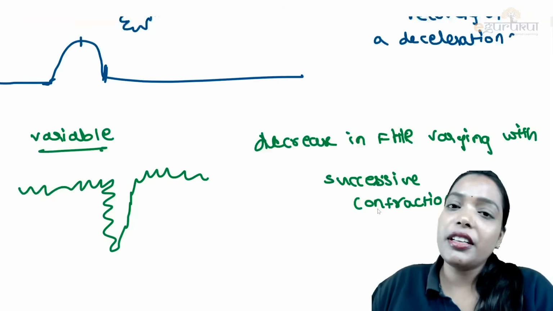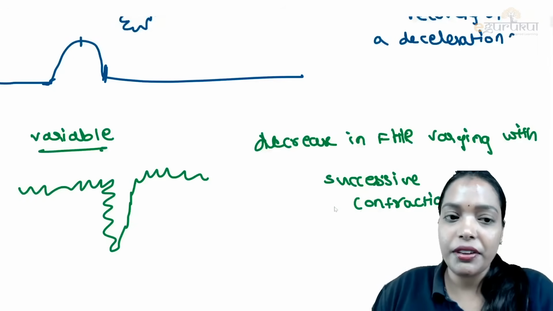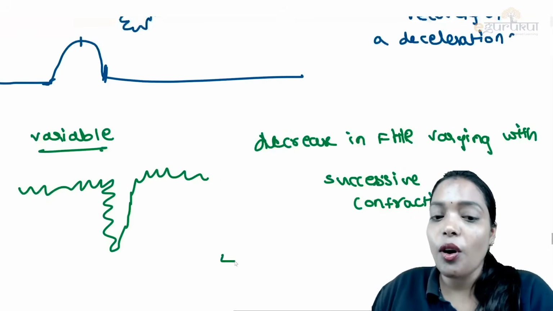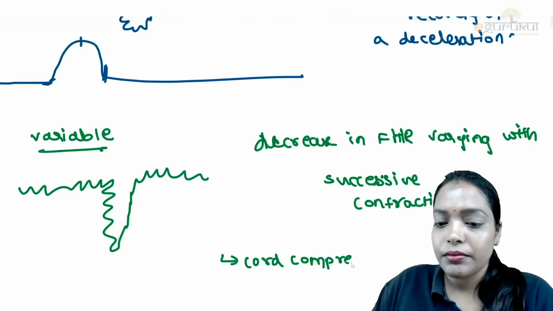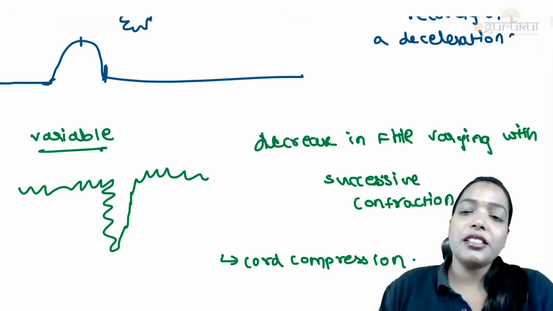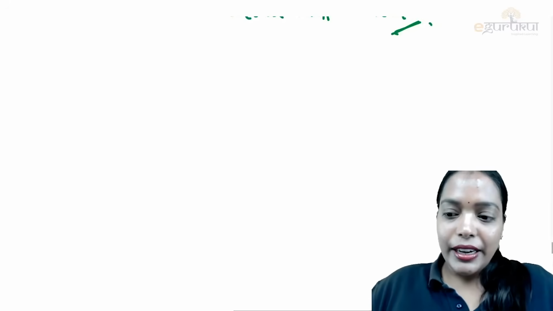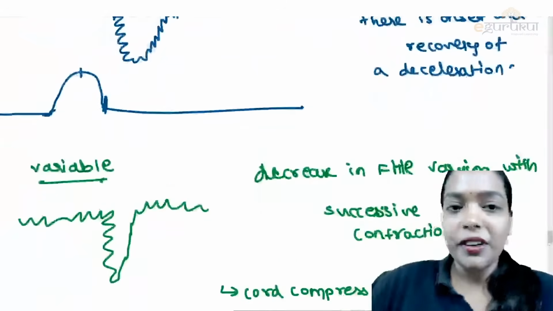So variable deceleration is decrease in the fetal heart rate varying with successive contractions. Okay. So variable deceleration is mainly seen in cord compression. Right. So that is regarding the types of decelerations.